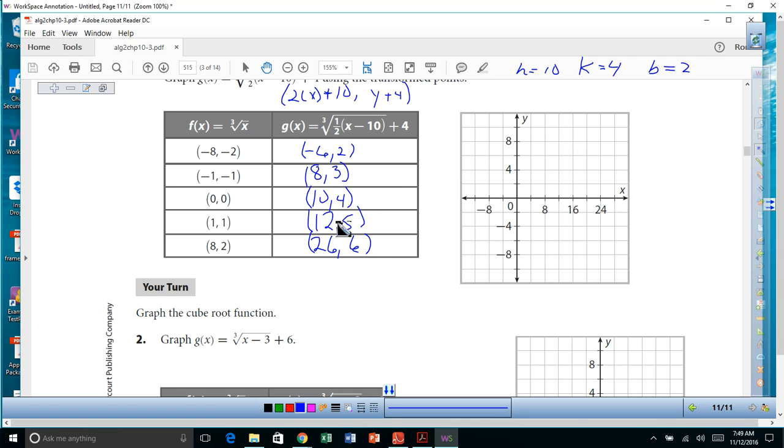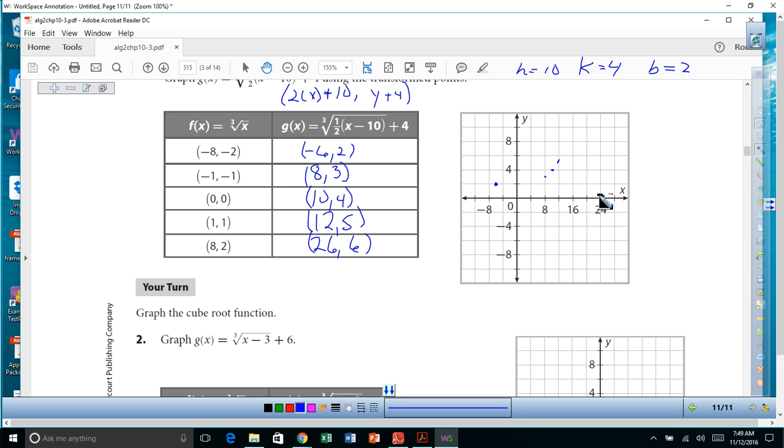All right, let's graph those points. That's negative 6, 2, going to be right there. 8, 3 is going to be right here. And 10, 4 is going to be right there. And then 12, 5 is going to be right here.